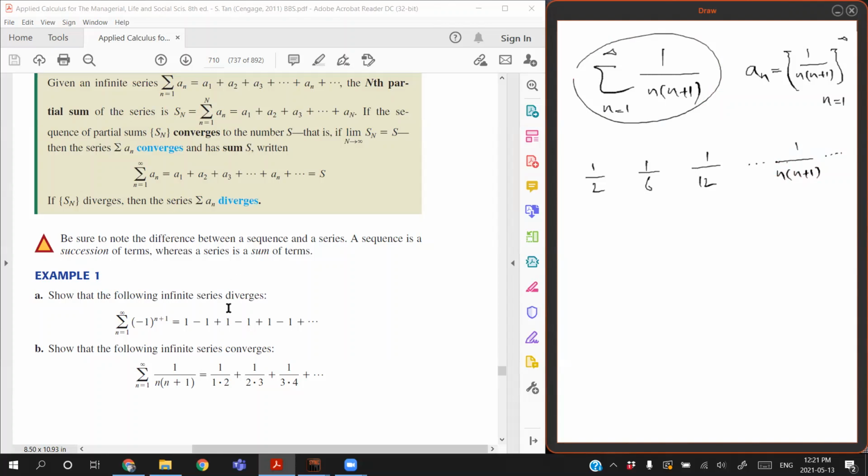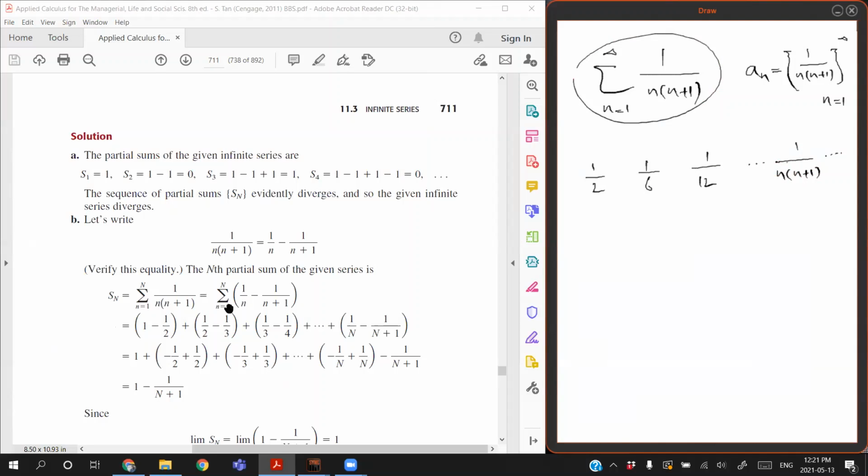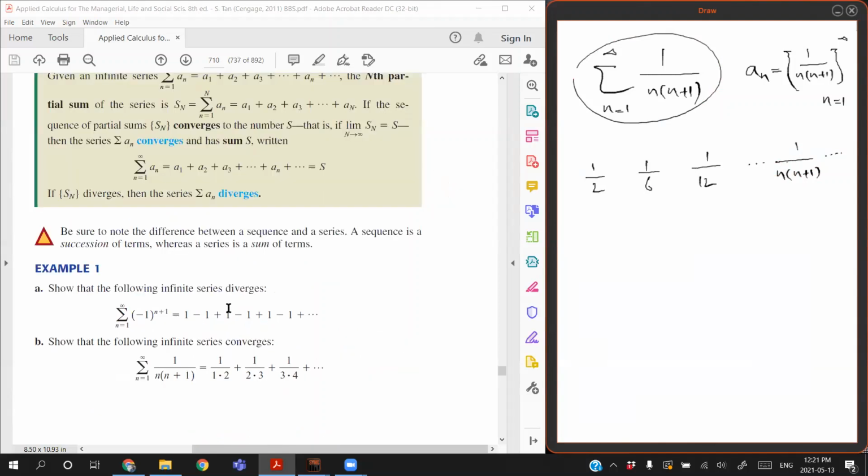Now I can do a trick to create a formula for the sequence of partial sums. If I say S1 is 1 over 2, what I did for the previous one, S2 is 1 over 2 plus 1 over 6, S3 is 1 over 2 plus 1 over 6 plus 1 over 12, and so on, I wouldn't be able to find a formula for S_N.